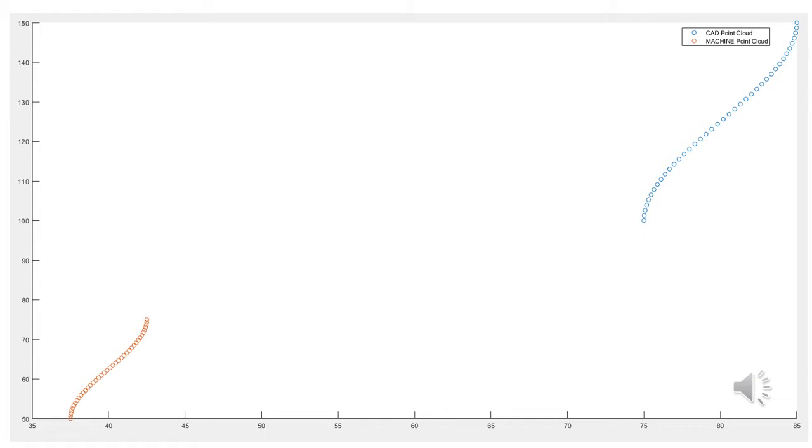As you can see, there's a variation in the two data sets, because NX uses a different coordinate system, and for the machine, the coordinate system could be different. So our approach is now to align the two data sets into the same scale so that we can see if they are matching or if there is an aberration in the data.